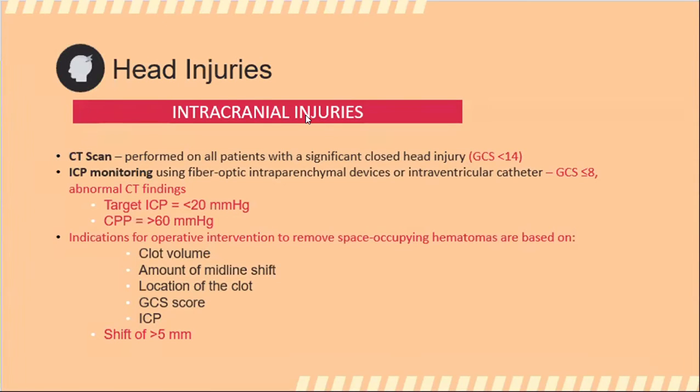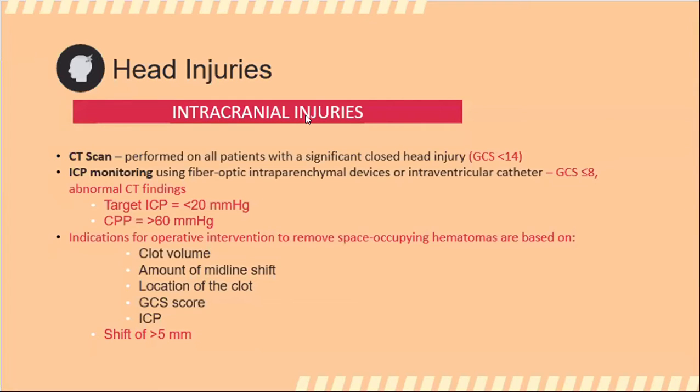So if it is below 50 to 60 millimeters mercury, there's a possible decreased oxygenation or perfusion of your brain parenchyma. So these are the indications for operative intervention to remove space-occupying hematomas.